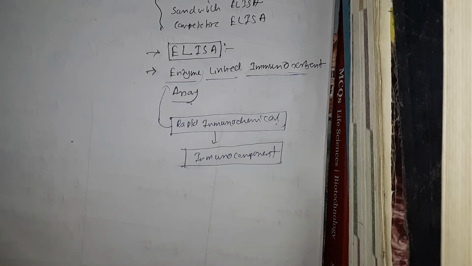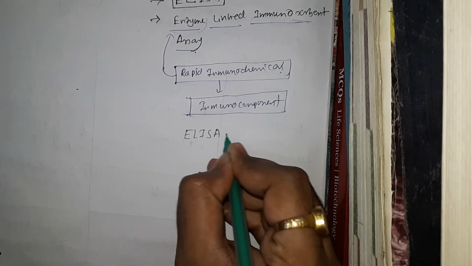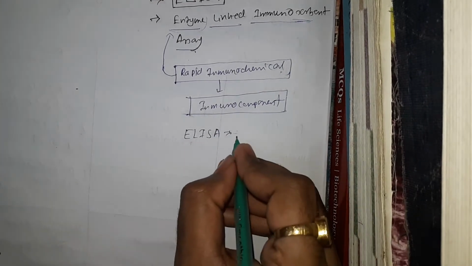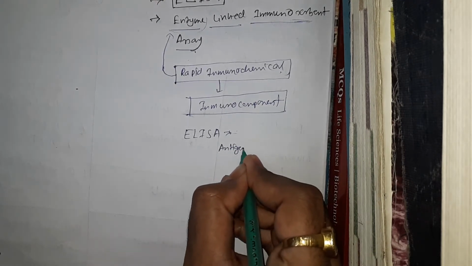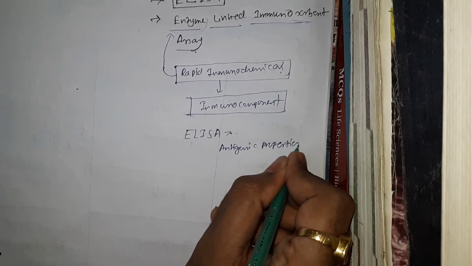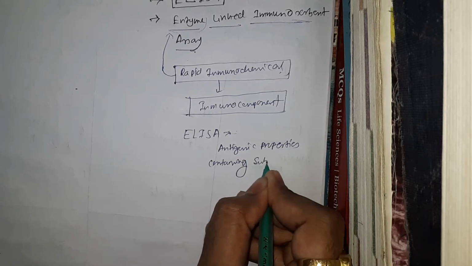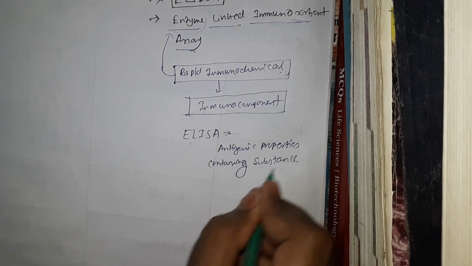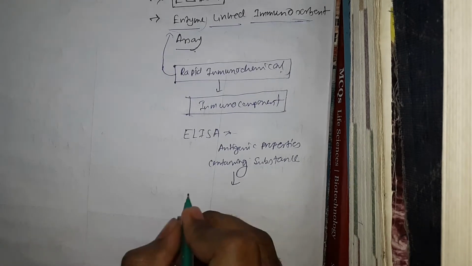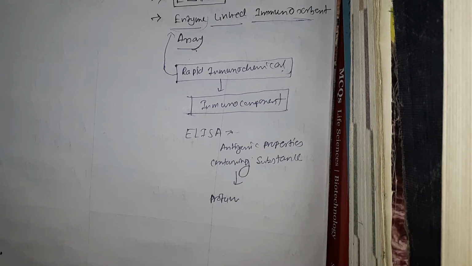ELISA is used to detect components that must have some antigenic properties. That means any substance containing an antigenic property can be easily detected by the ELISA technique. We can then conclude that with the help of ELISA we can detect protein like molecules rather than other small molecules and ions.